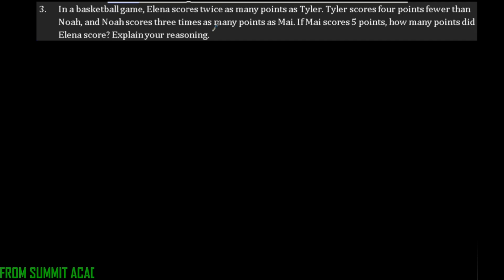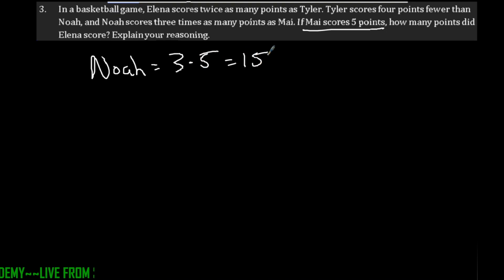it's kind of like we're working in reverse now, so it gives us Mai's score. Then it says Noah scored 3 times as many as Mai, so Noah is 3 times 5, which is 15 points.